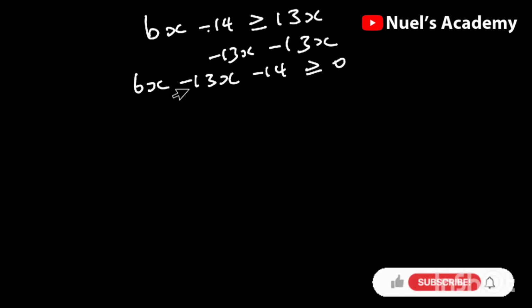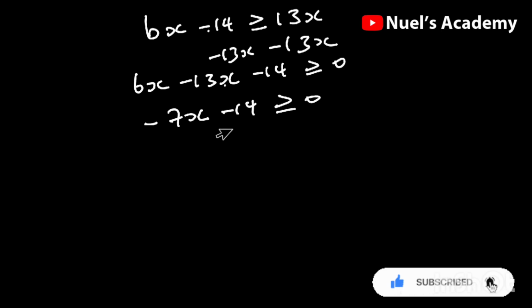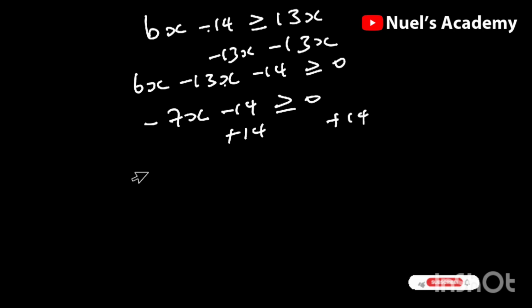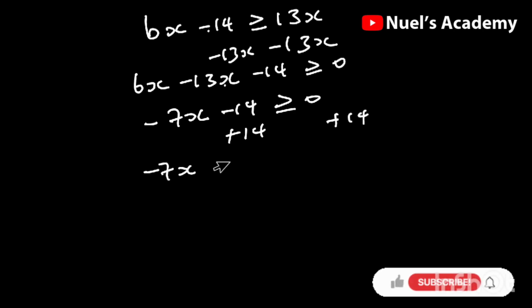So 6x minus 13x is going to give us negative 7x, then minus 14 is greater than or equal to 0. So let's add 14 to both sides. We're going to have negative 7x is greater than or equal to, know that negative 14 plus 14 is 0, so 0 plus 14 is going to give us 14.